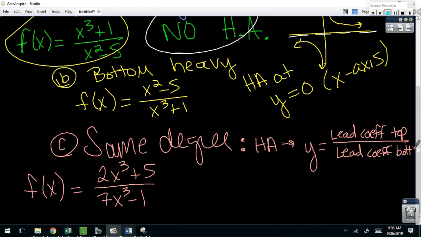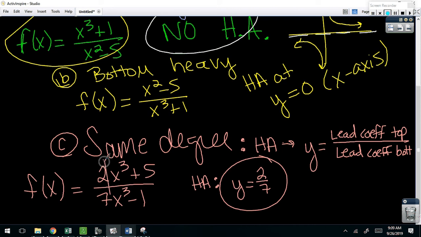So looking at the equation in pink, where would my horizontal asymptote be? And leave it just like that. 2 divided by 7. That's my horizontal asymptote. Where's 2 and 7 coming from? Right there.